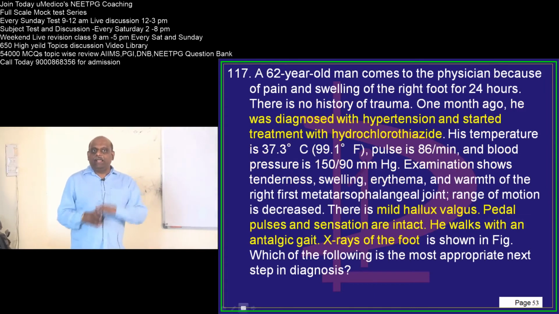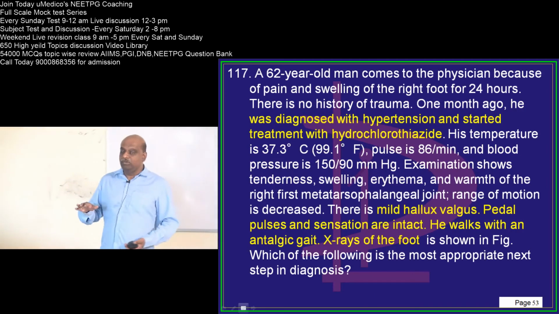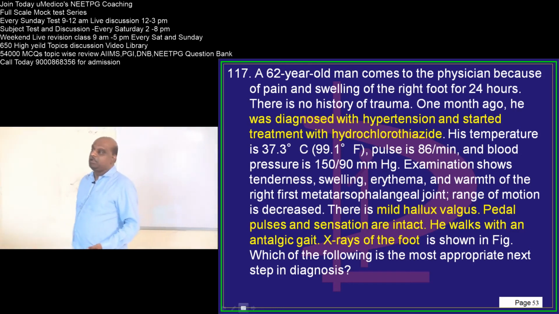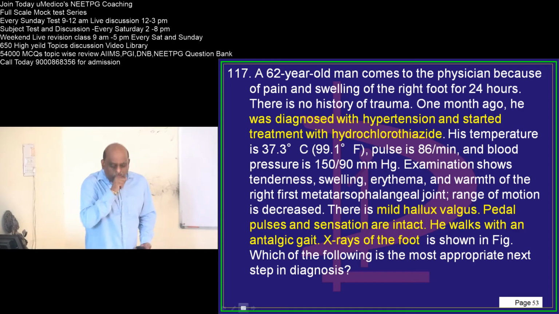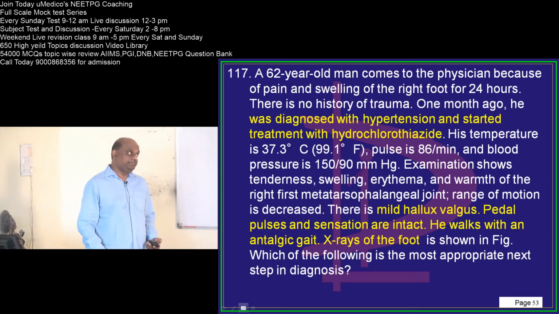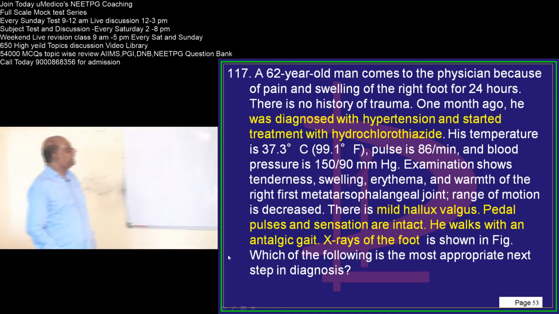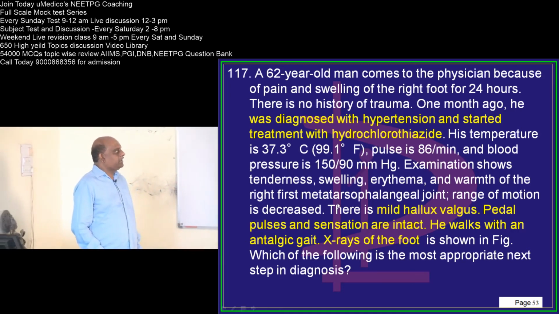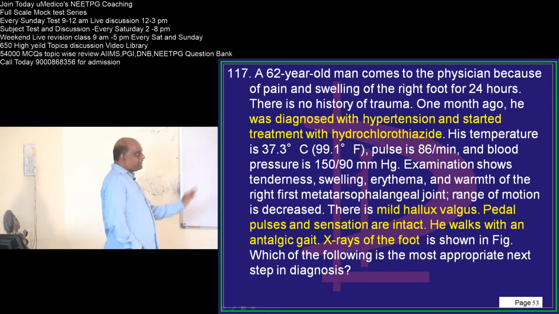A 62-year-old is having hypertension and receiving thiazides. Thiazides can lead to hyperuricemia. Now, hyperuricemia precipitates gout. And the gout typically presents with warmth, severe pain on the big toe. So, first metatarsophalangeal joint.